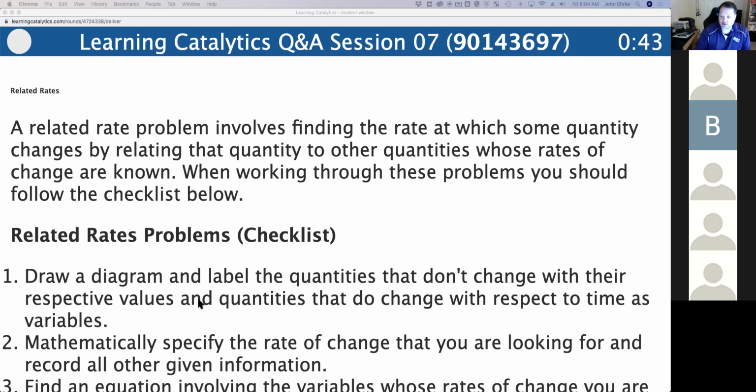I've found over the years that students that can do step 1 and step 2 correctly, draw a picture and tell me what rate is given and what rate is wanted, usually do the entire problem correctly. So if there's going to be an issue, it is typically with step 1 or step 2, just not being able to visualize it and or not being able to determine what rates are important.